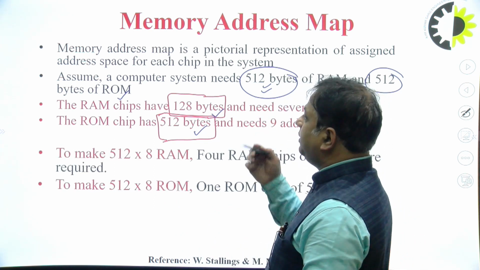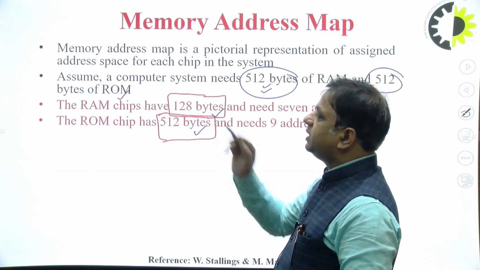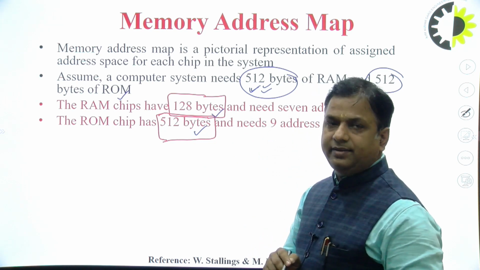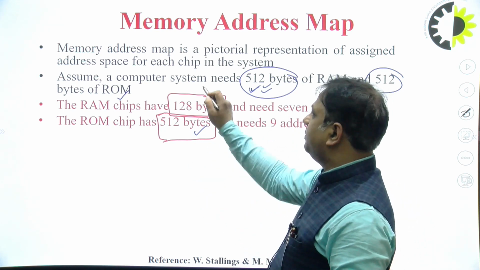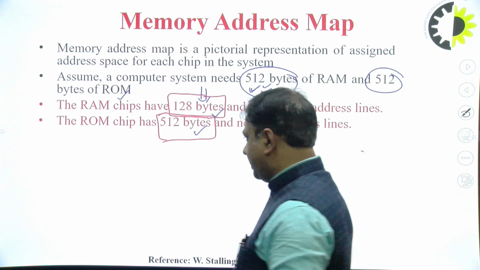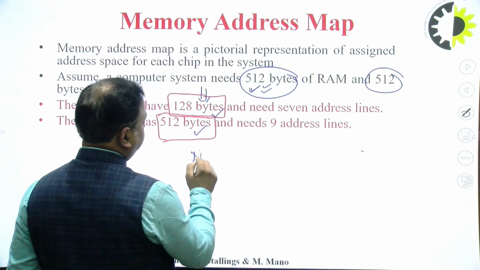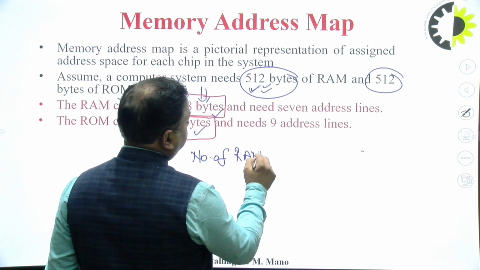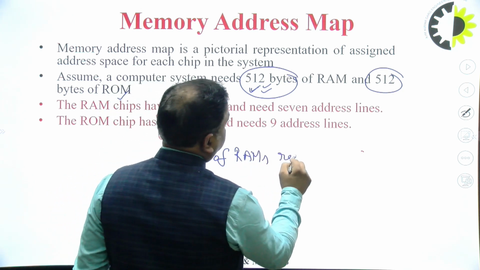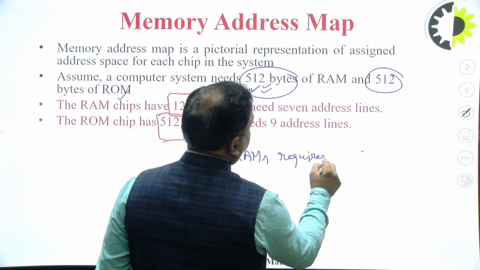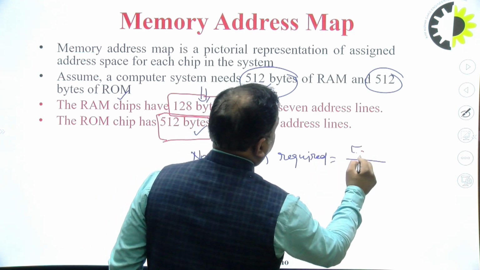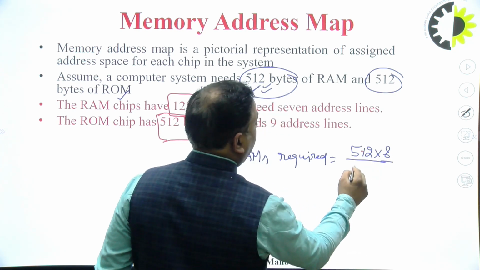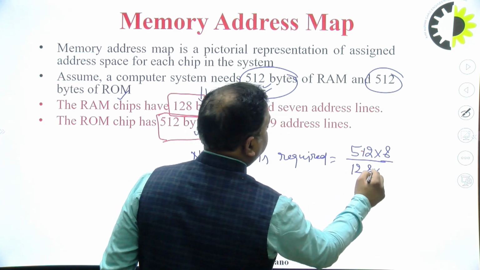How will we find how many RAM chips are required to make 512 bytes while we have 128 available? So the number of RAMs required equals 512, that is the required size, upon the available size, that is 128 into 8.